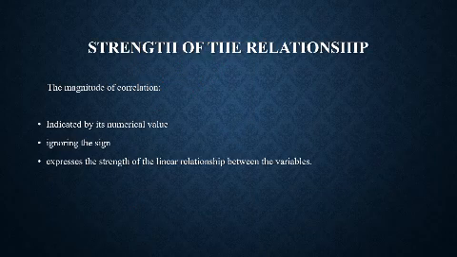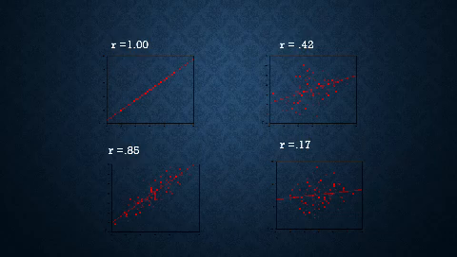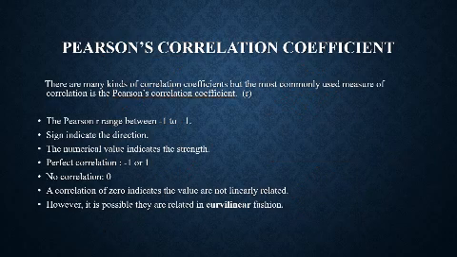Let's talk about the strength of the relationship. The strength is shown by the magnitude of the correlation coefficient. If the relation is 1, it's perfect. If it is around 0.85, it is strong. If it is around 0.42, it is moderate, and if it is around 0.17, it is weak. The closer the value to 1 or -1, the stronger the relationship.